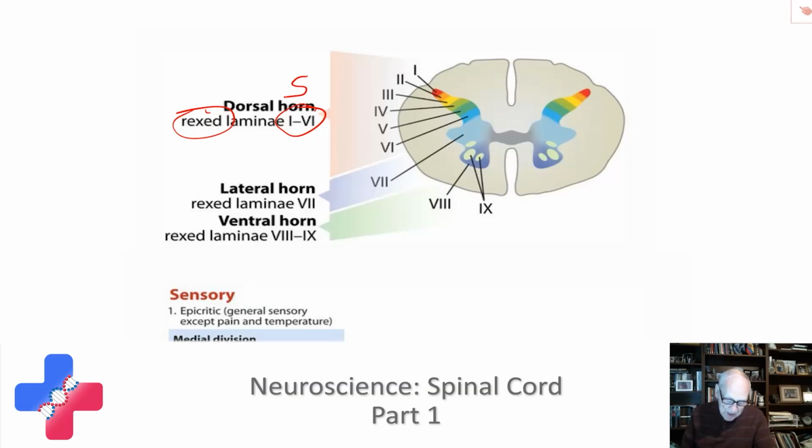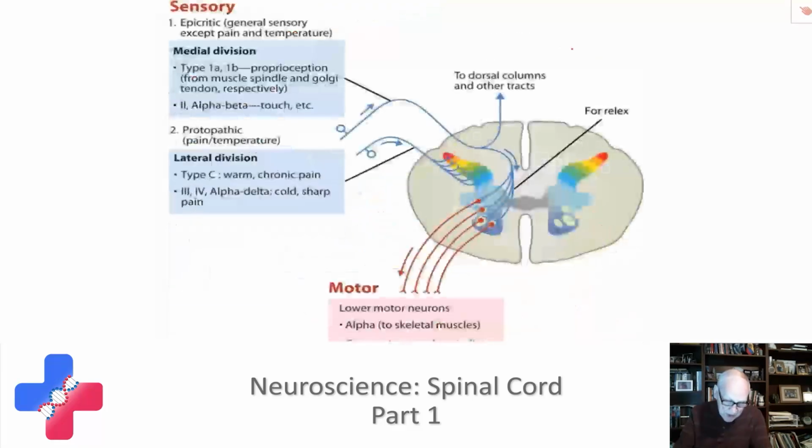And notice in the ventral horn, the 2 main groups of nuclei are 8 and 9. And we know these are made up of alpha and gamma, so these are motor in function. And again, the lateral horn 7 is where those preganglionic sympathetics are located. Just a brief comment.